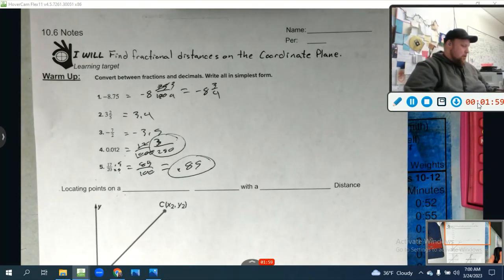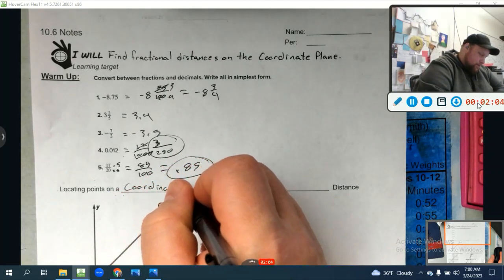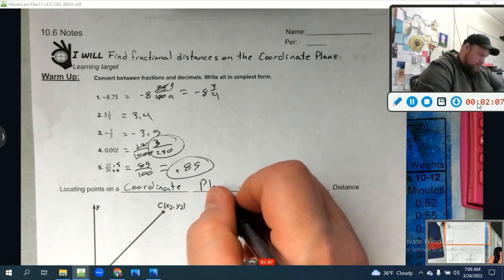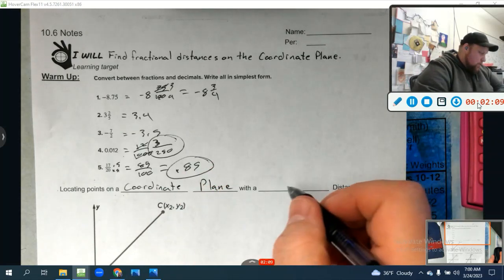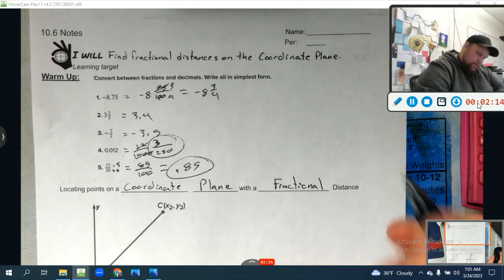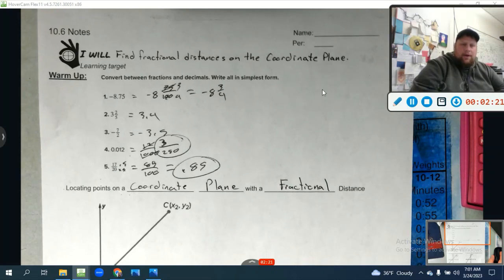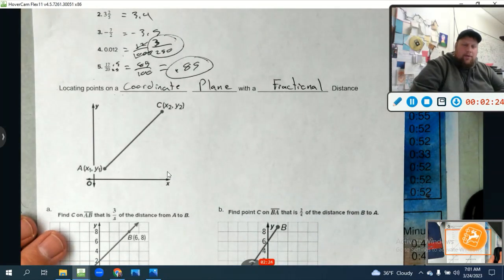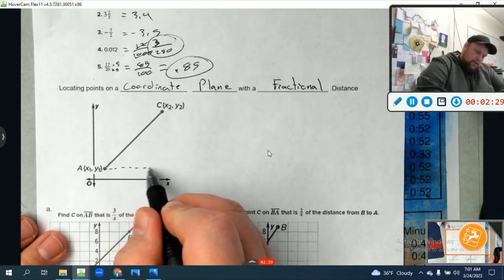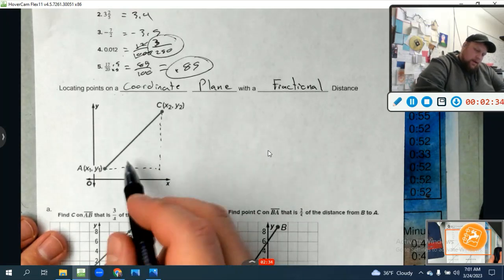Okay, we're going to talk about locating points on a coordinate plane with a fractional distance. It's a lot of what you were doing. It's the same thing as the number line, but now we're going to do it on 2 different number lines, the horizontal number line and the vertical number line. So if I were to draw my little slope triangle here, what do we notice?